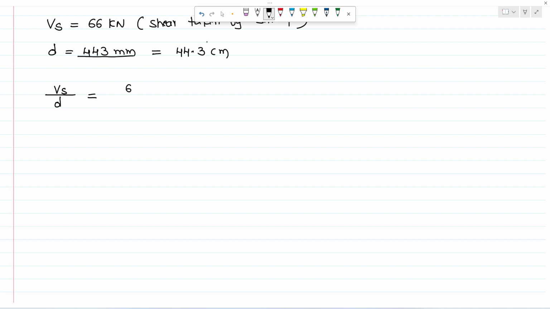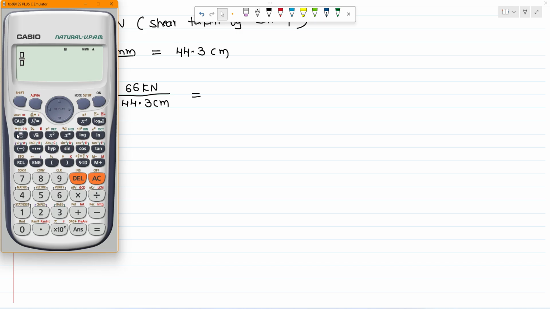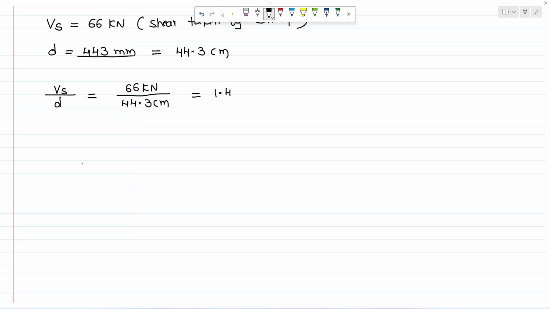So your Vs is 66 kilonewton divided by D, which is 44.3 centimeter. So it is 66 divided by 44.3, which will be 1.48. So unit will be kilonewton per centimeter. So let it be in kilonewton per centimeter.